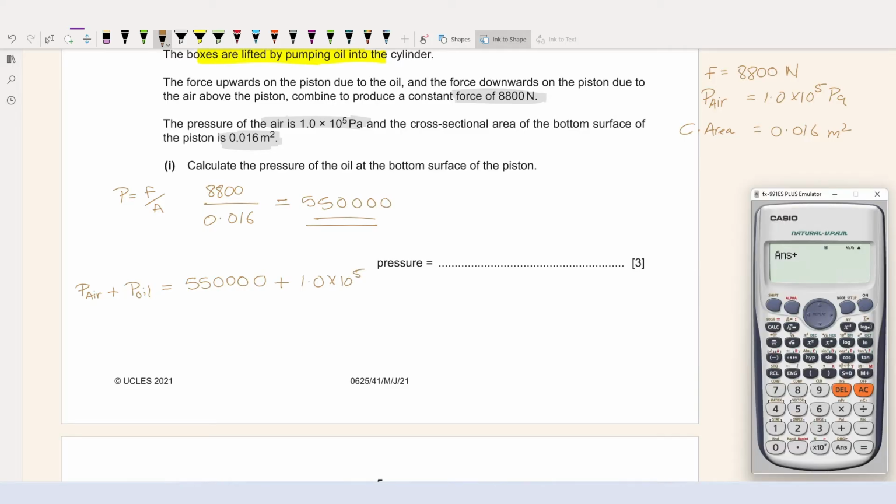So we can add here, which will give us our answer as 6.5 into 10 raised to the power 5, which is same as this.